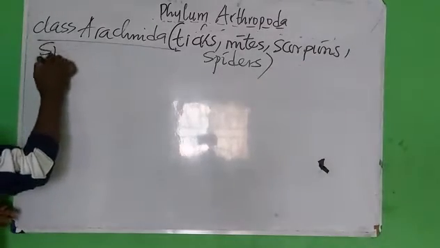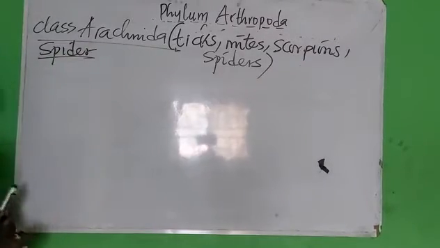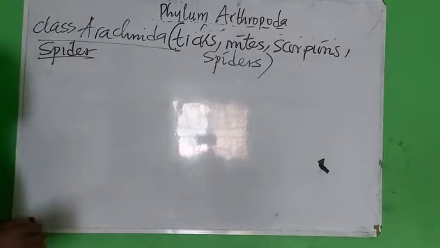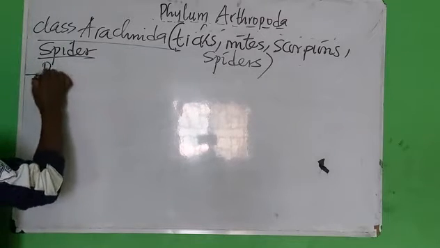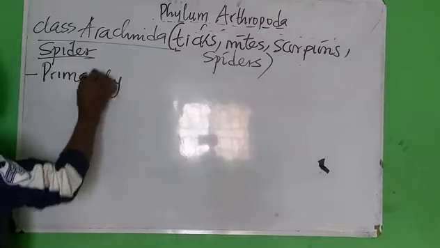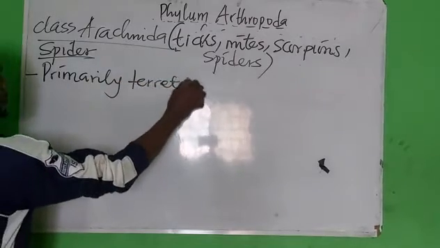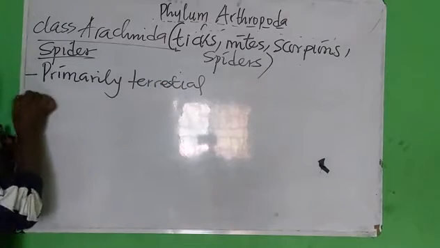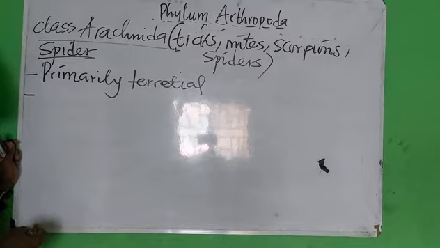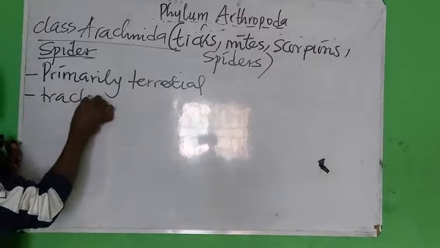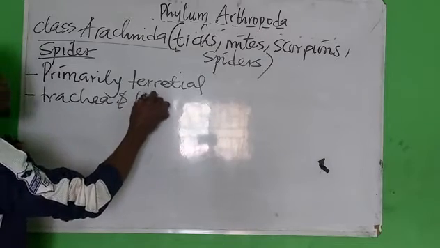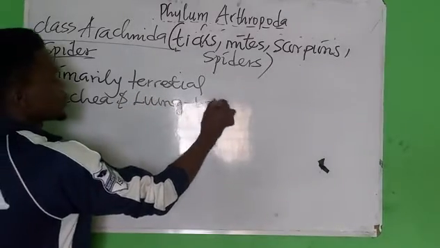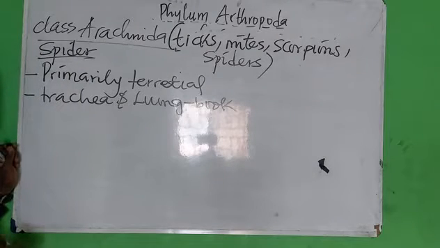Now, the spider is actually a very interesting organism that has to be discussed. Take note that first, these organisms are primarily terrestrial. They have trachea and book lungs for what?